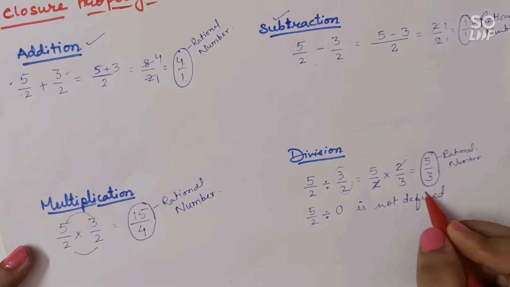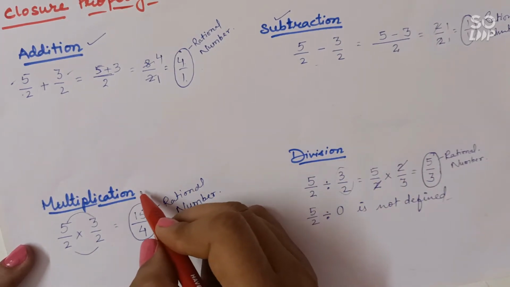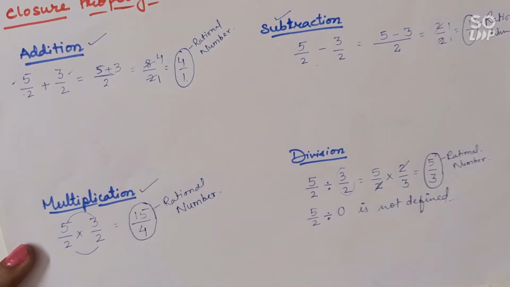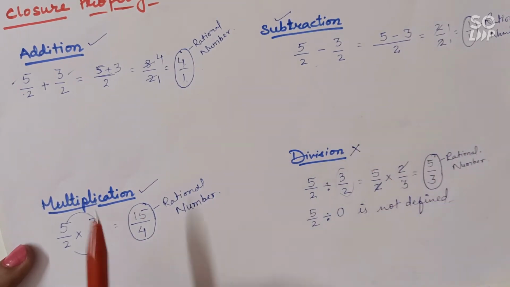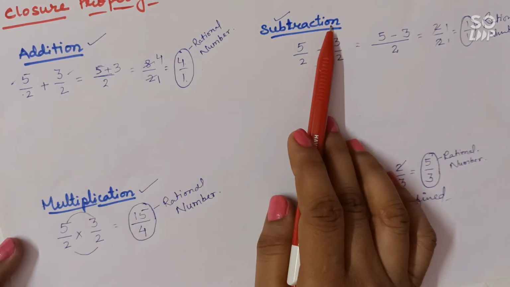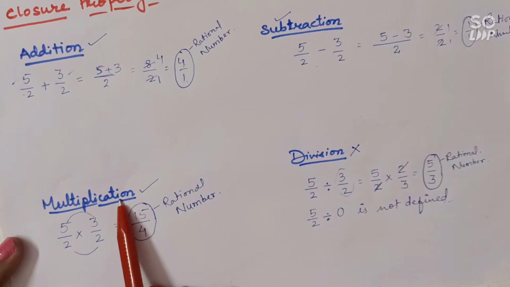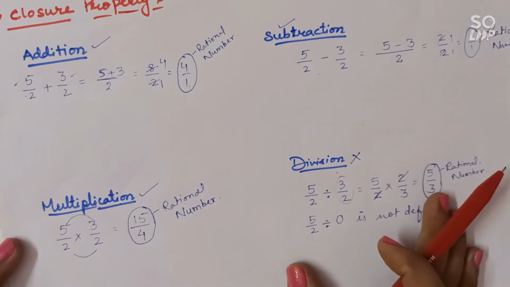We cannot divide any number by 0. So closure property holds for addition, subtraction and multiplication, but it doesn't hold for division. I hope it is clear.